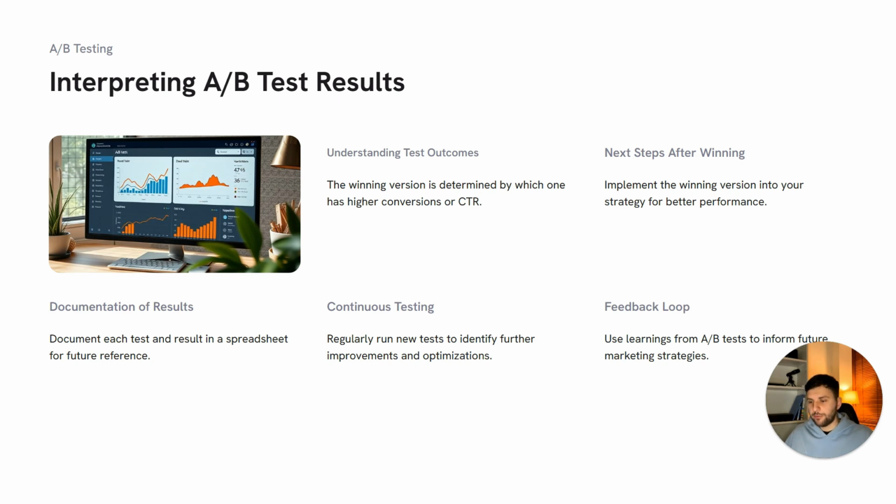Now, how to actually interpret A/B test results properly. You obviously will double down on what works and you will remove what doesn't. That's very simple. But make sure that you have a spreadsheet with all the results, because if you do, let's say, 50 A/B tests, then you might be really surprised.